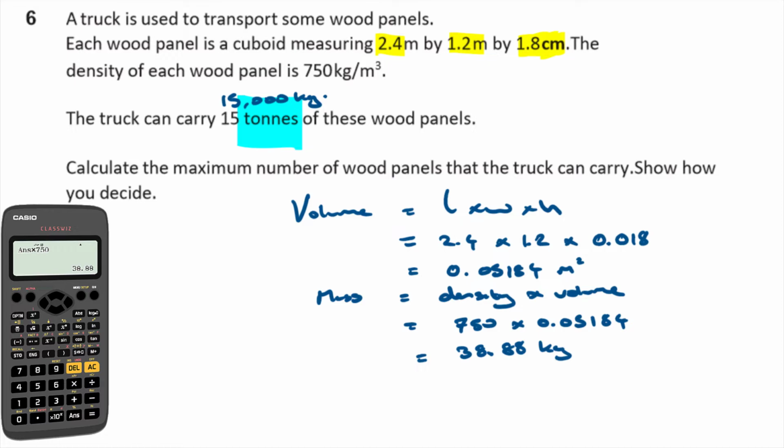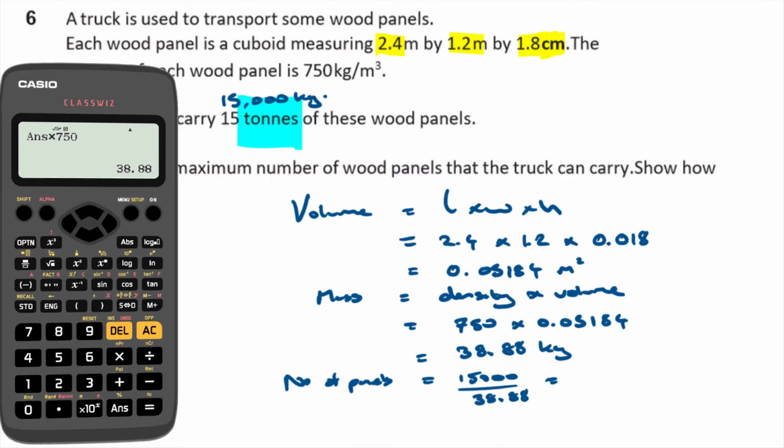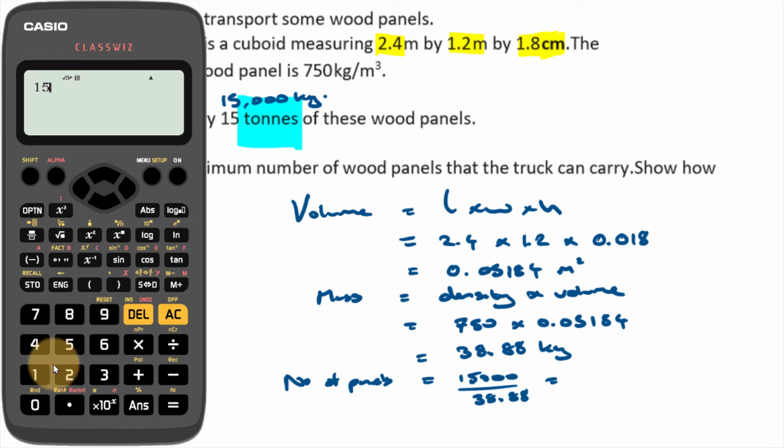So the number of panels is going to be the 15,000 capacity of the van divided by the weight of one panel. Okay, what's that then? 15,000 divided by 38.88. That comes out to be 385.8.